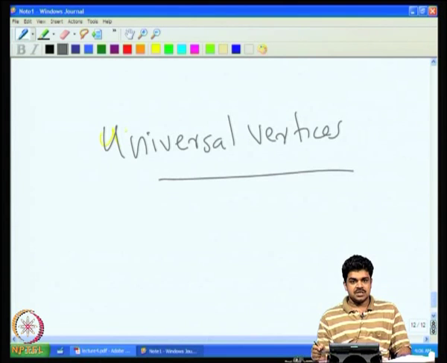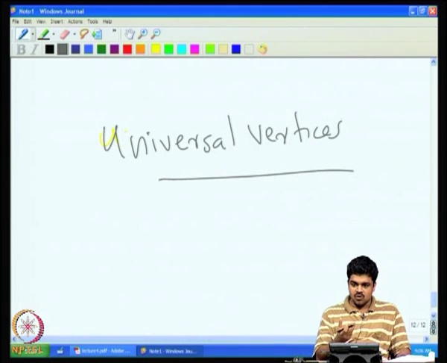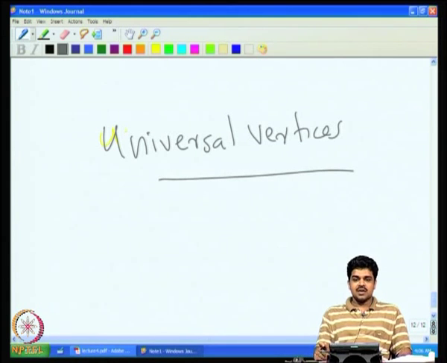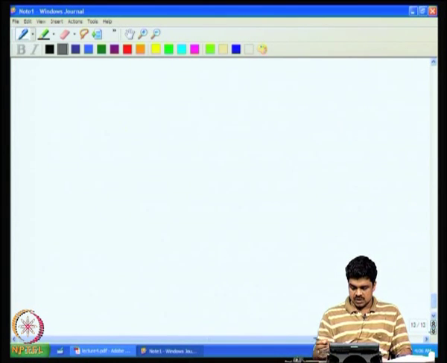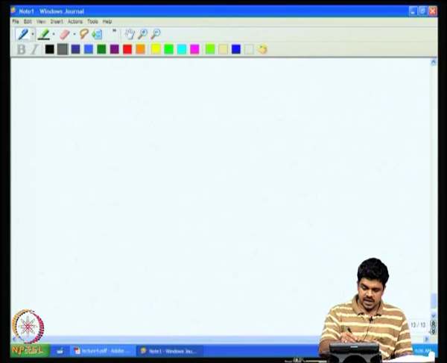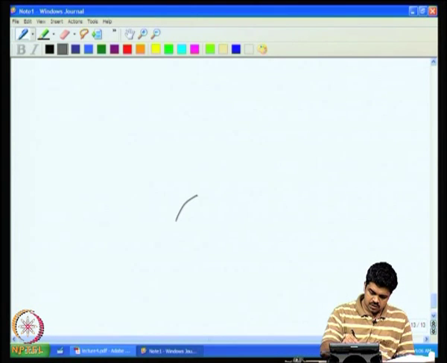And you can see that if such a set exists, all the vertices in that set are going to be universal vertices. So it is very natural to collect all the universal vertices in the graph. If you want to get such a set, that is the most natural approach. Once we collect all the universal vertices, we get this S as the set of universal vertices.